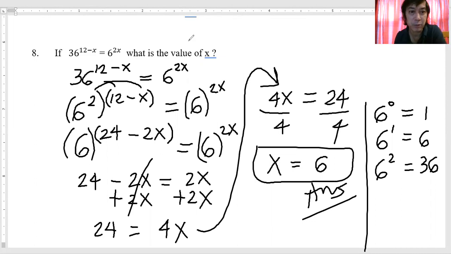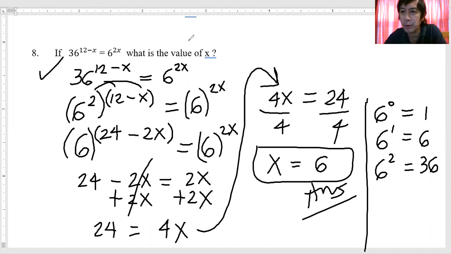Remember the steps here. You have to make the bases the same before you can equate the exponents. That's what we did in the first step over here. You have to transform the 36 and the 6 so that you make them a common base 6.